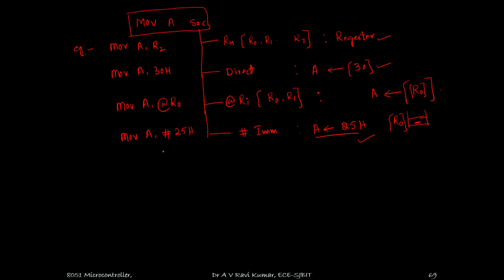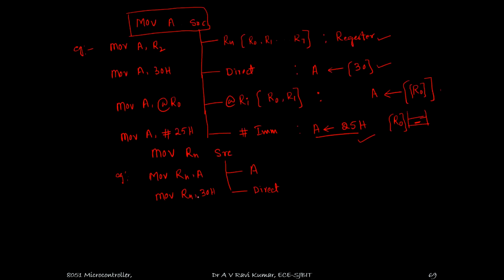Let me take one more, MOV, with Rn as the destination. The source can be the accumulator, for example MOV Rn, A. Next we can have direct addressing, for example MOV Rn, 30H.